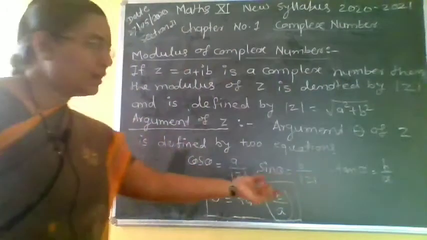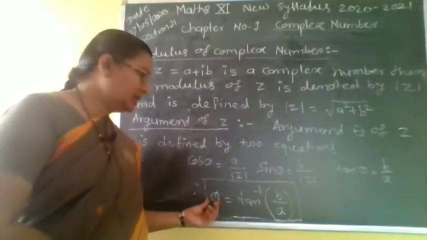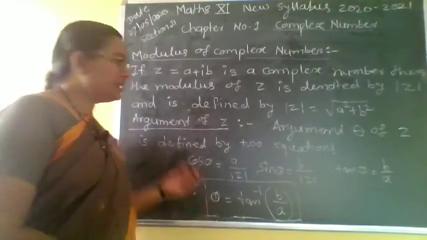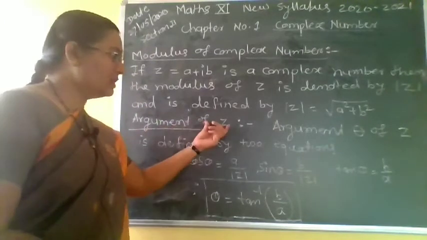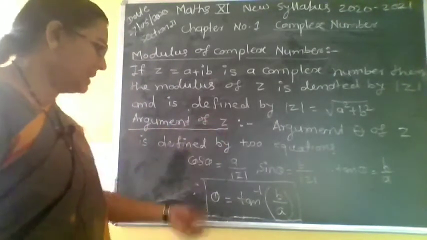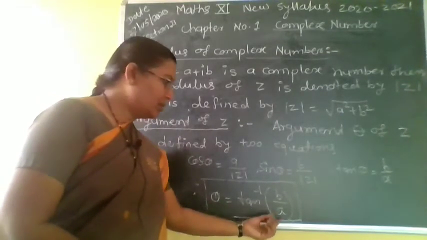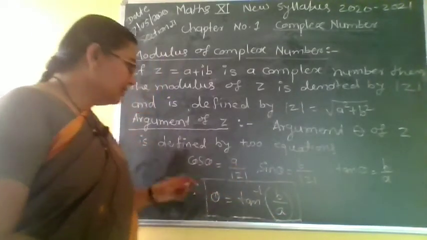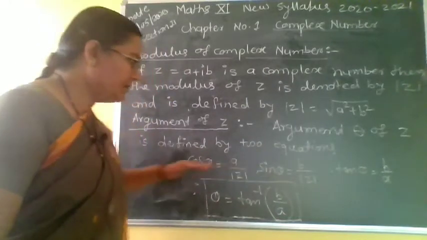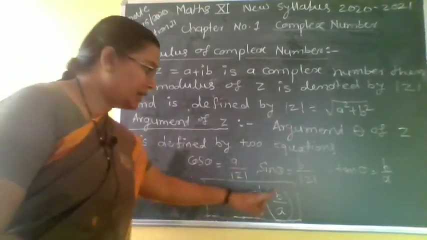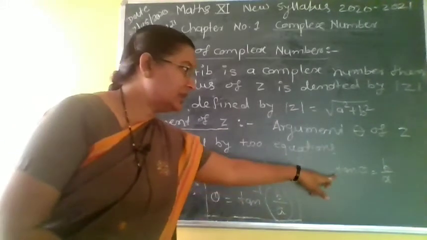This is tan theta, but we need theta only, because theta is the argument of the complex number z. Then theta is equal to tan inverse of b upon a. When these two equations are divided, we get b upon a for tan theta.